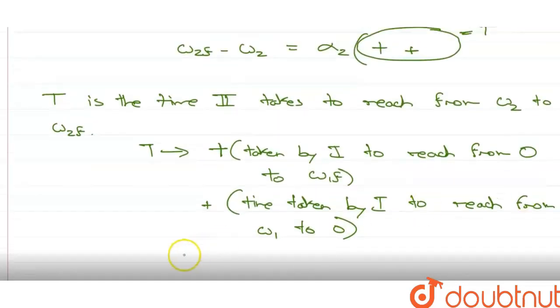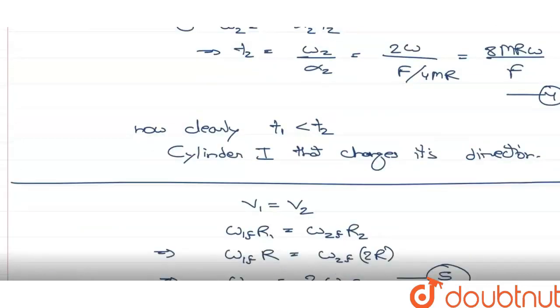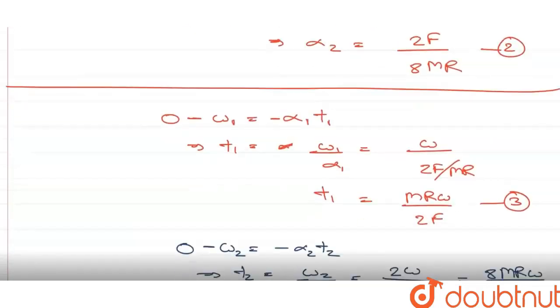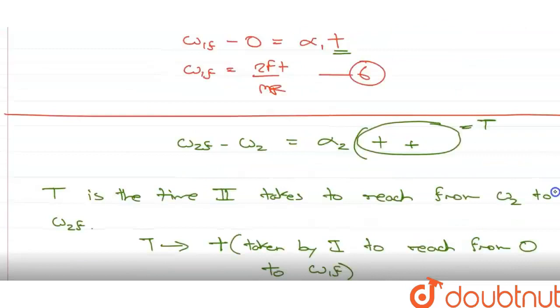So I can write omega 2f minus omega 2 is equal to, now for this angular acceleration there will be a negative sign here because this angular acceleration for the second cylinder is slowing it down, times t plus the time t1, which was mr omega by 2f.